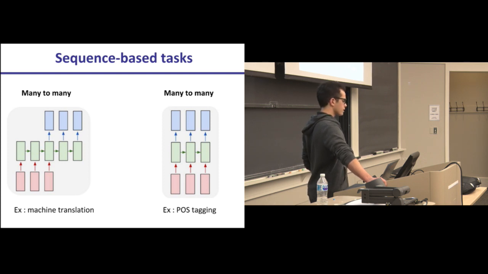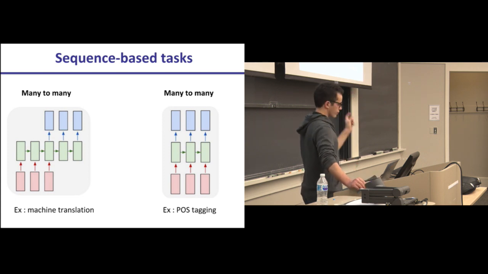So you've started seeing in speech the CTC part where you don't have as many outputs as you have inputs, and there is a lot of work on how to do that well. But in other cases, simpler, you have exactly one output per input, but for each output you want to use all of the past, the one on the right. So you can do that for part of speech tagging, for example.